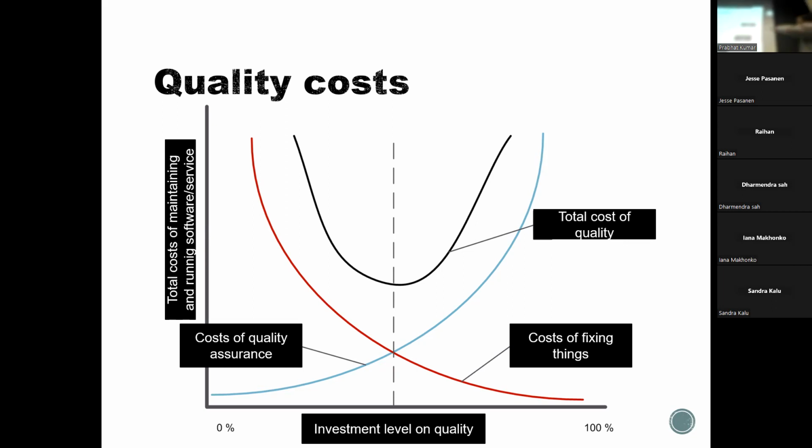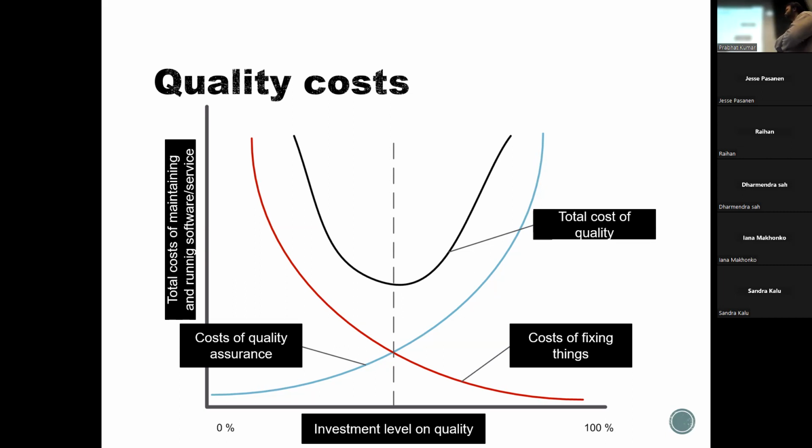So what can you understand from this graph? How are things working here? Anyone? Yeah? The cost of quality will be so high because we are using lower investments. Mm-hmm.